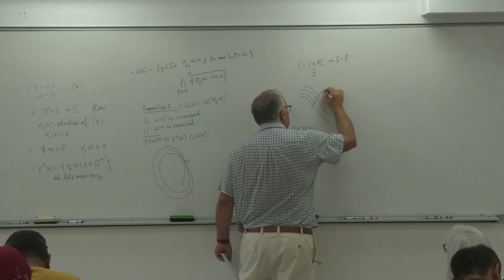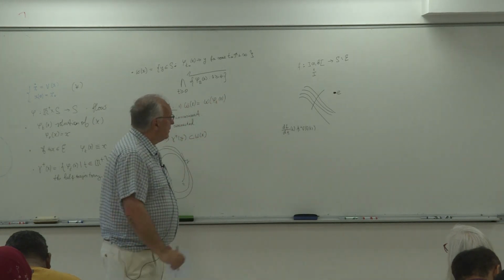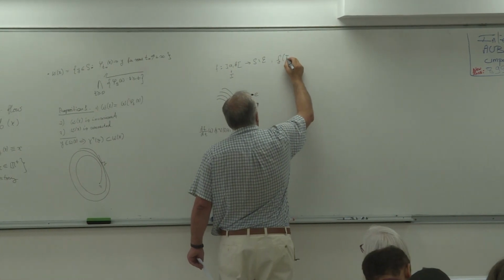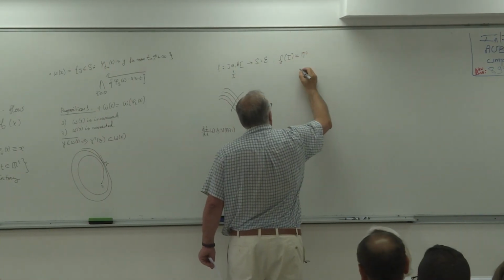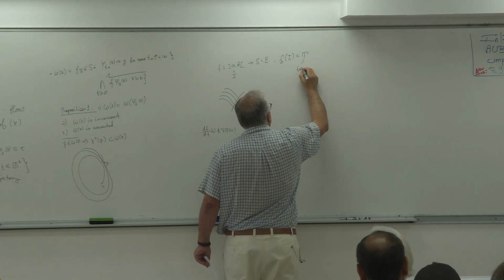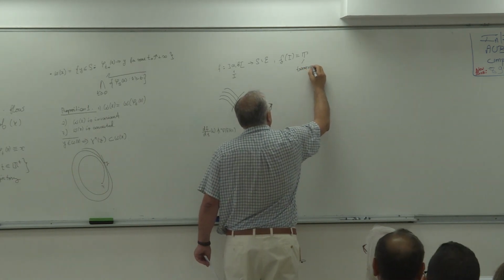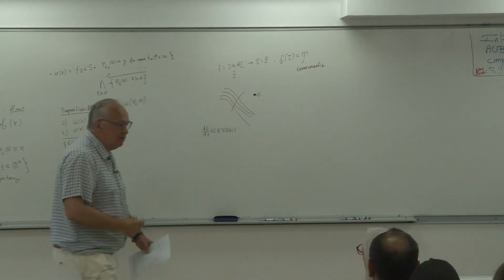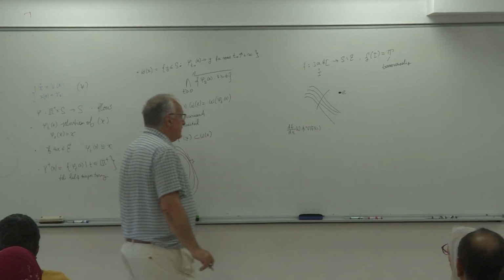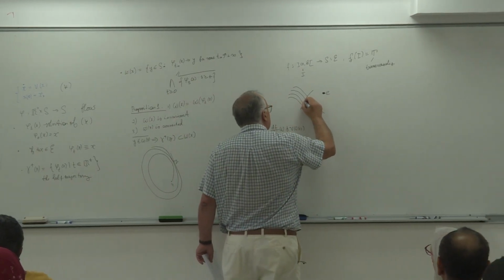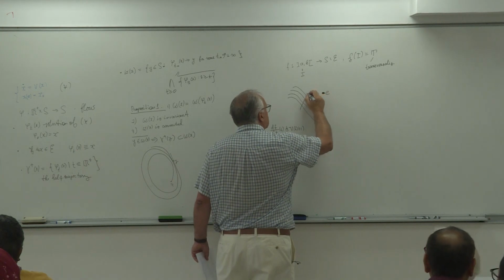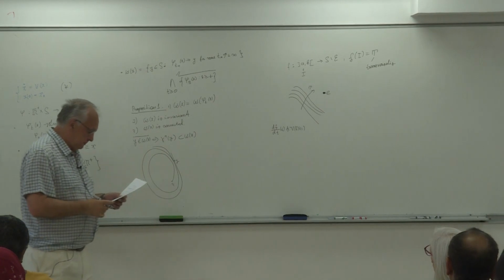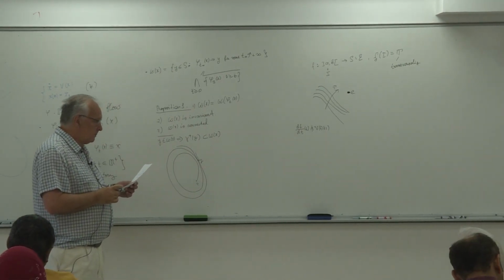The image of I I shall denote by T. And this T is called a transversal to our vector field. It has some direction, the same as the direction of the interval.